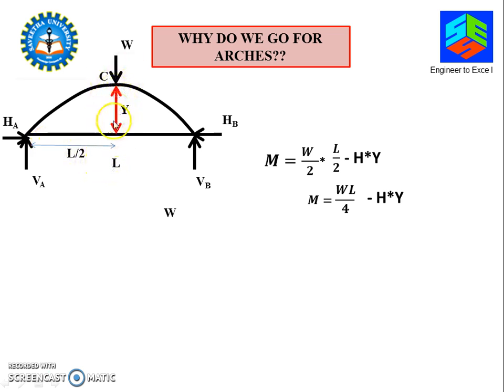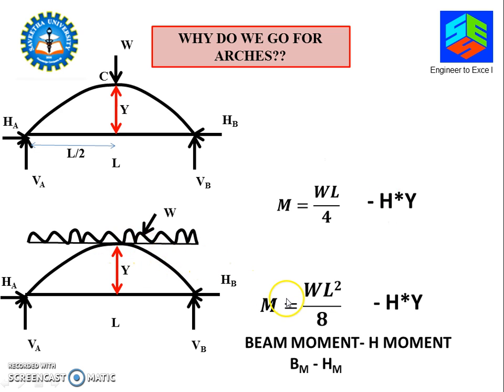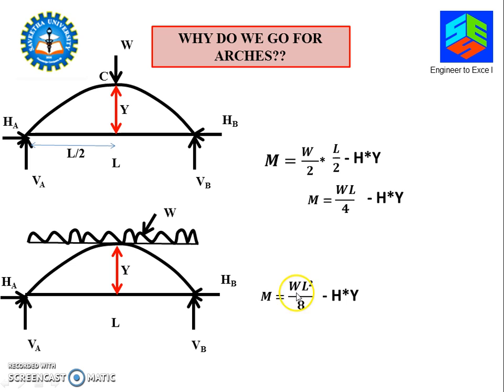Let us say the rise at the center is Y, where the load W acts. The bending moment at the center C, as we know, is W/2 × L/4 − H × Y. So we will get WL/4 − H·Y. And in the case of a UD load, you will get WL²/8 − H·Y.